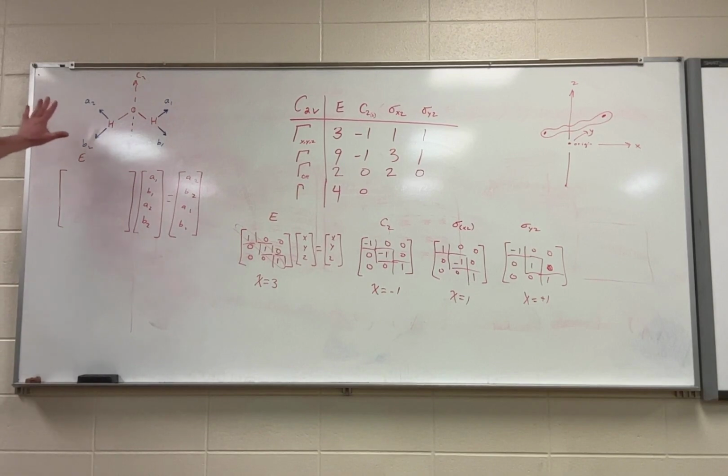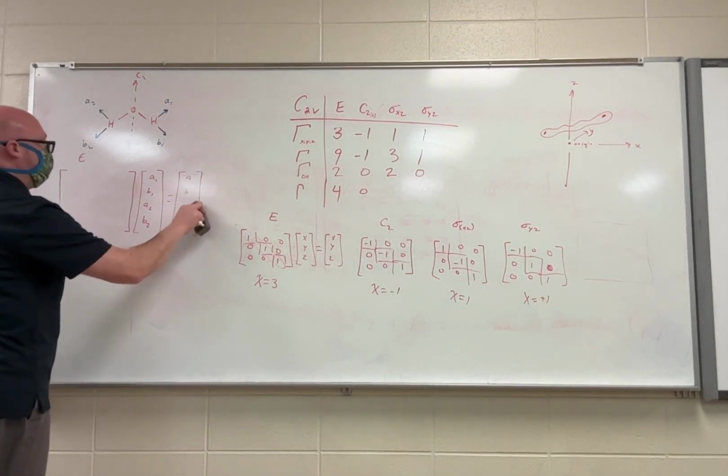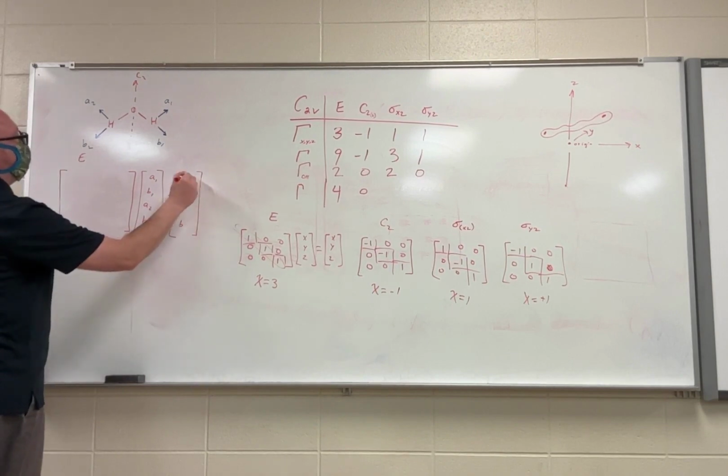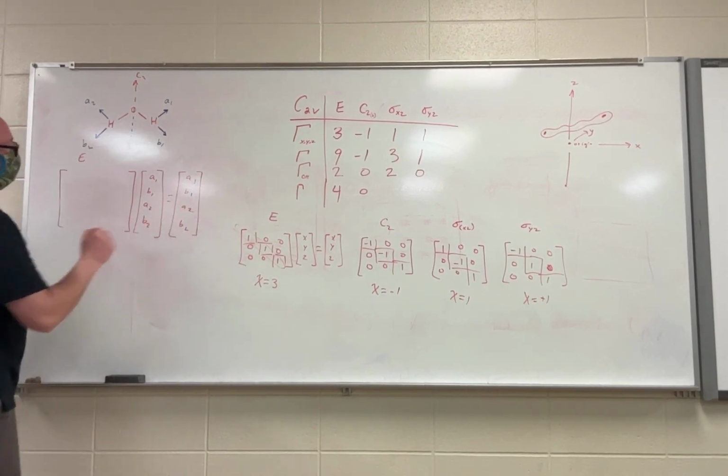All right, so if we take sigma xz, the plane of the molecule, everything is in place. We know that A1 goes to A1, B1 goes to B1, A2 goes to A2, B2 goes to B2.